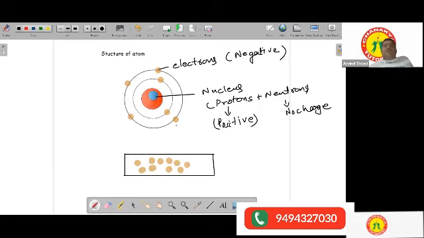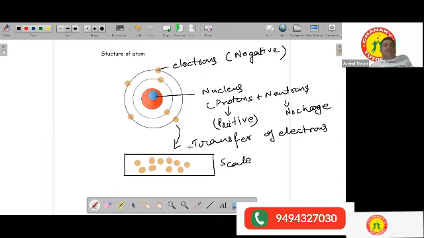So by the transfer of electrons, it is due to the transfer of electrons that the scale becomes negatively charged.